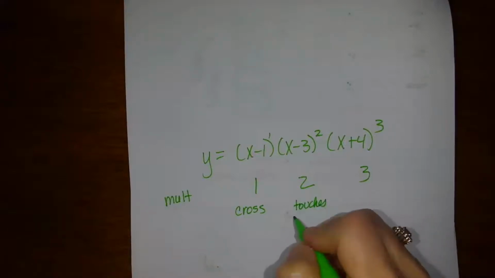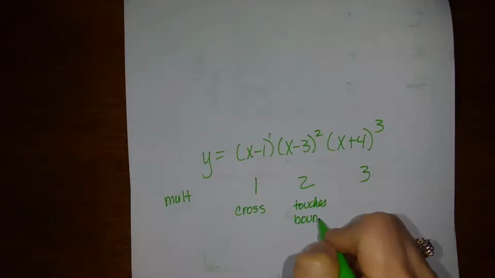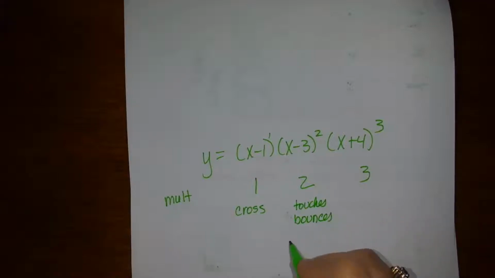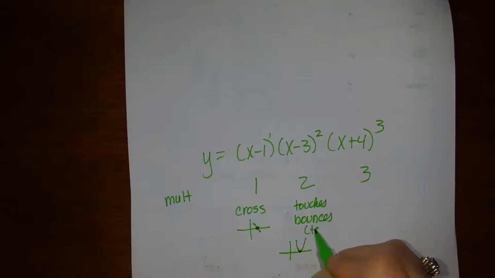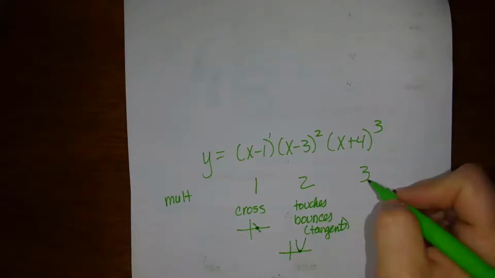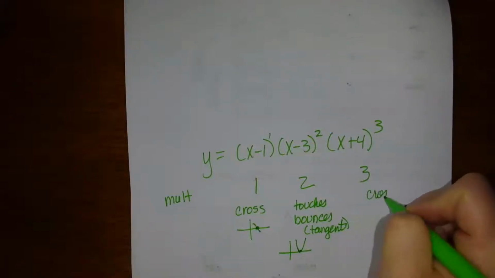And we're going to go over this in a second. Bounces. Like it might turn around, it bounces, it doesn't cross. Here, it's going to cross over, right? The proper word for that is to say that it's tangent. But when we say touches or bounces, we know what that means. 3 is odd, so it crosses.